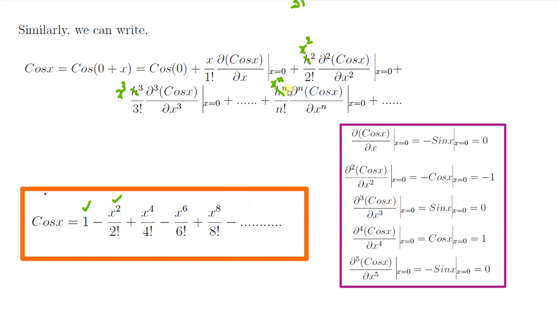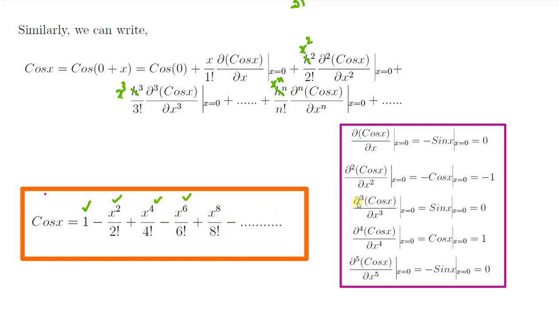So x raised to 4 by 4 factorial. Next term, the x raised to 5 term, sin comes, that will be 0. Then the 6th term, the derivative of sin comes, that is cos. But there is a minus sign already here, so minus cos x, so you will get minus 1. So minus x raised to 6 by 6 factorial.